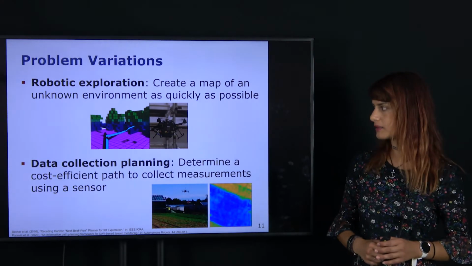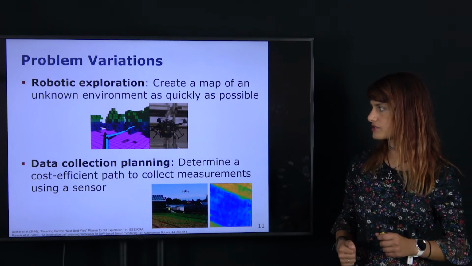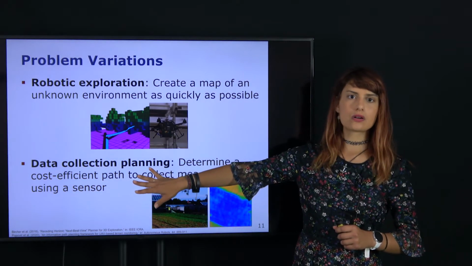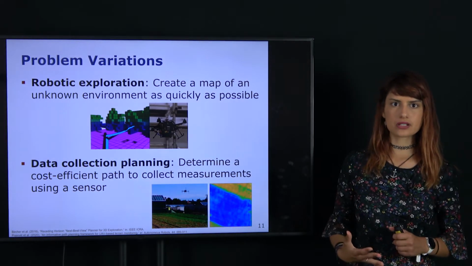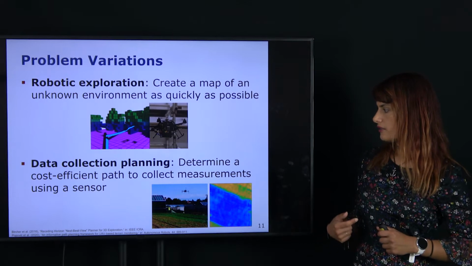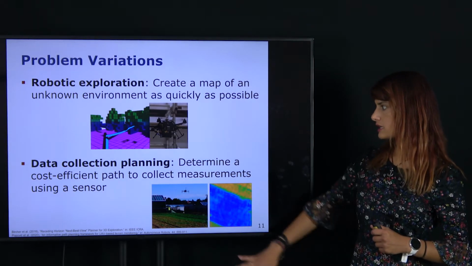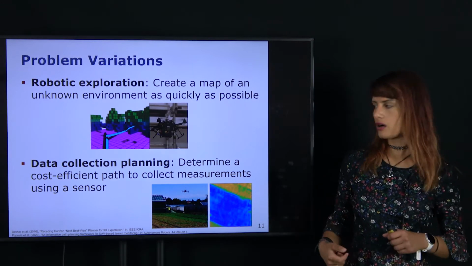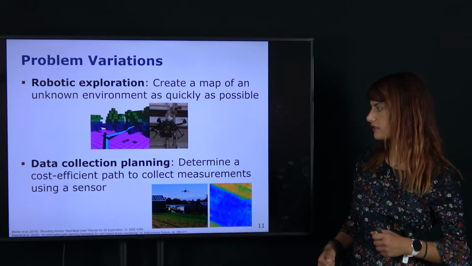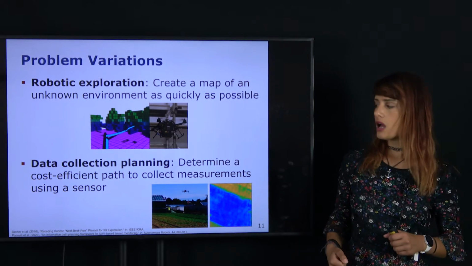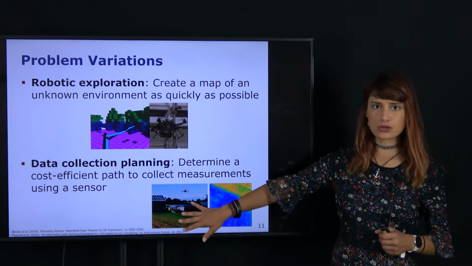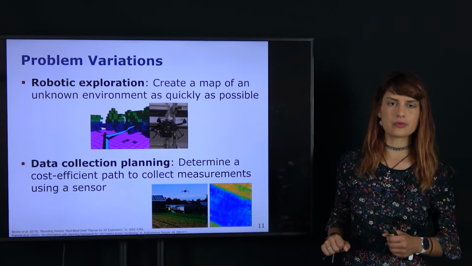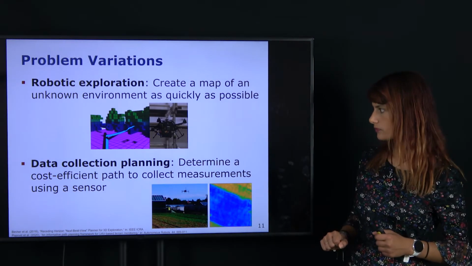The second key problem that we consider is robotic data collection or robotic environmental monitoring. Here we have a phenomenon of interest in an environment, for example, temperature, moisture, weed coverage, or biomass coverage in an agricultural scenario, and we want to use the robot sensors to collect information about that environmental phenomenon.